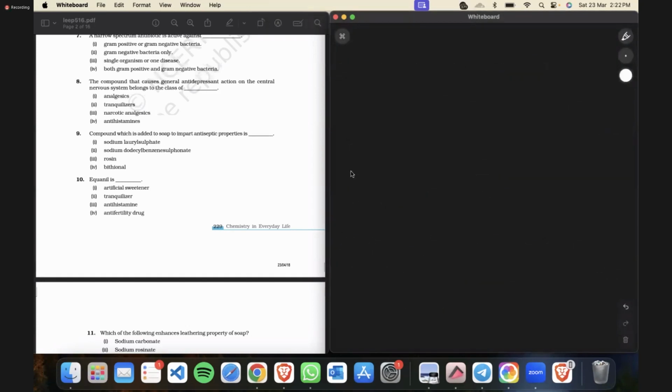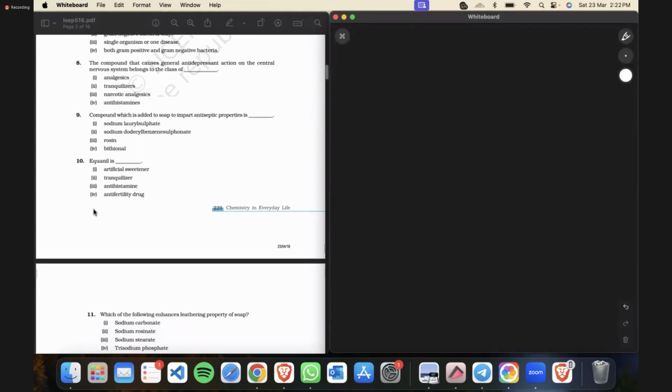Hopping on to question number 10. Question number 10 asks you, Equanil is an artificial sweetener, tranquilizer, antihistamine, or anti-fertility drug.